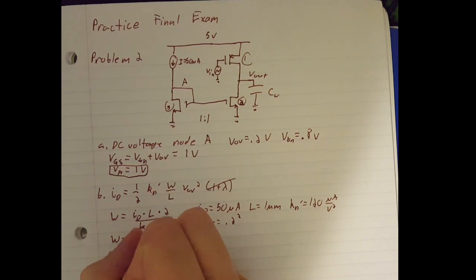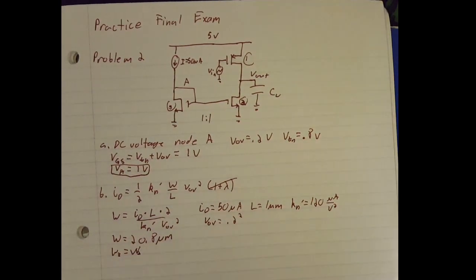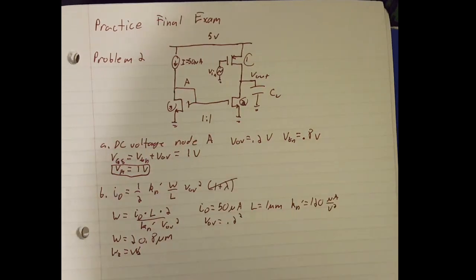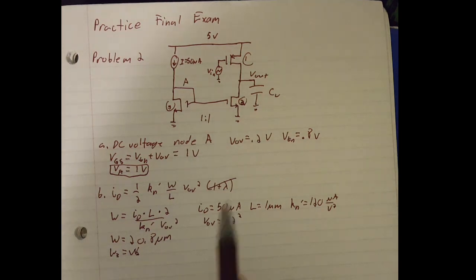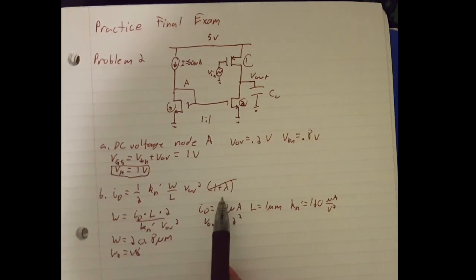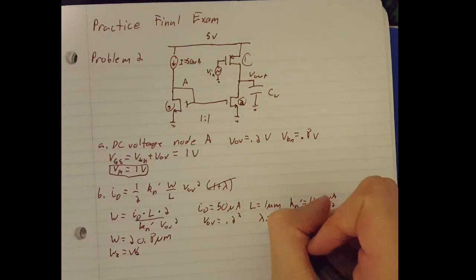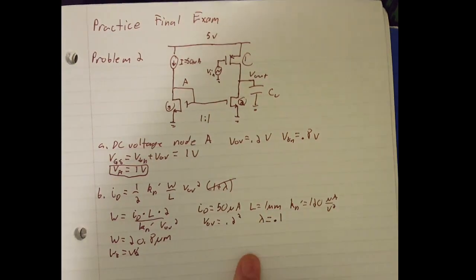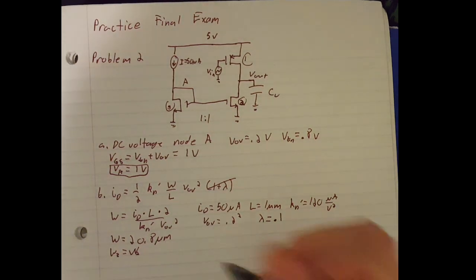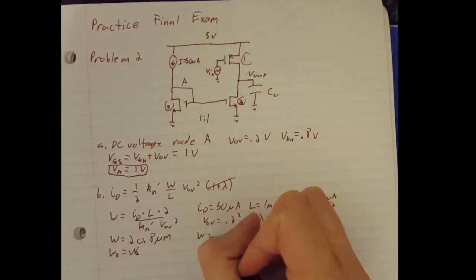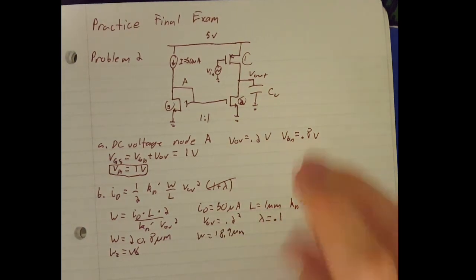And W3 equals W2, it's W, because they're 1-to-1 current mirrors. So both of them equal 20.8 micrometers. If you include this 1 plus lambda, lambda is just 0.1. So it's just divide this 20.8 by 1.1 and you'll get a width of 18.9 micrometers.